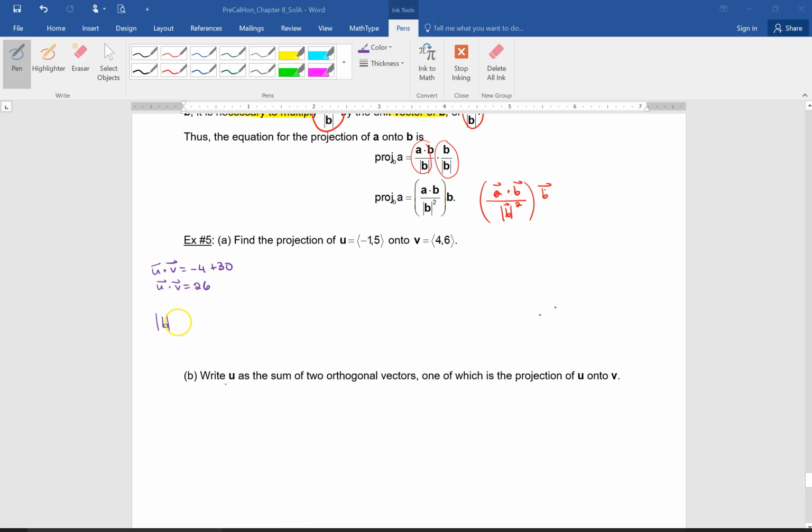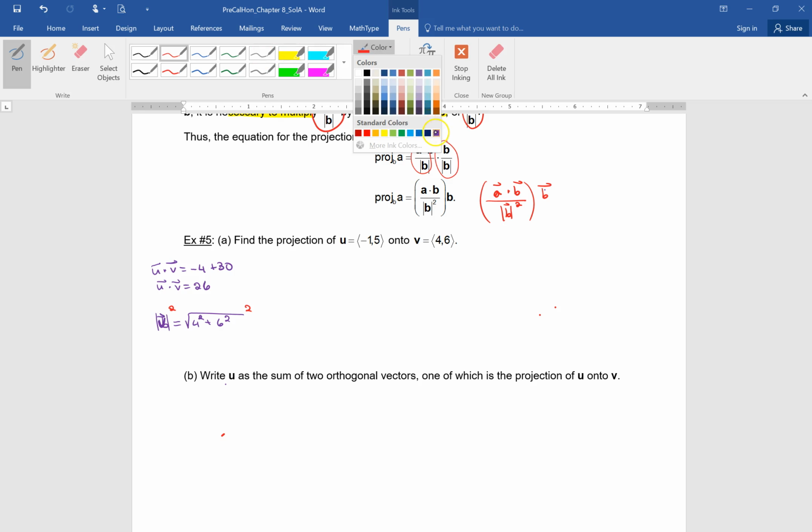The magnitude of V is the square root of 4 squared plus 6 squared, but since I want the square of this, the square root goes away.